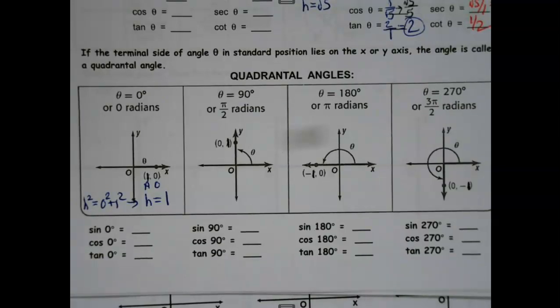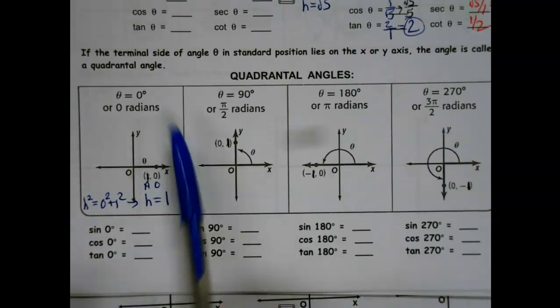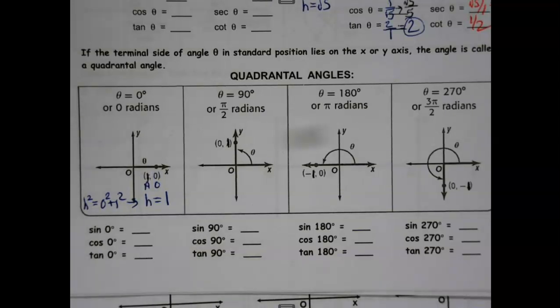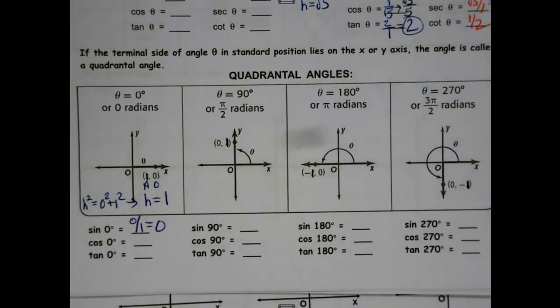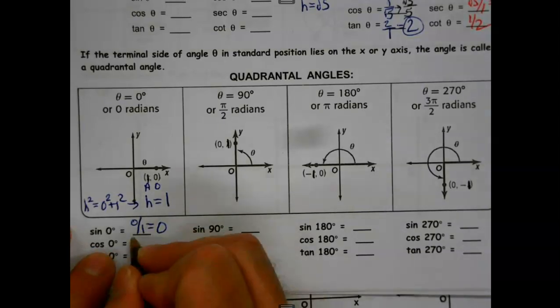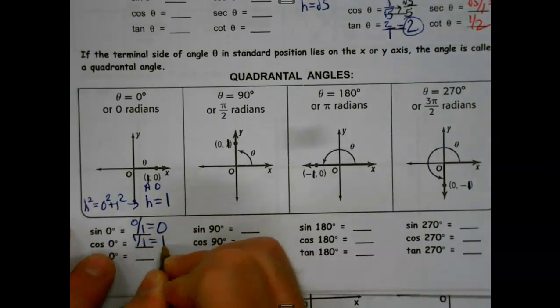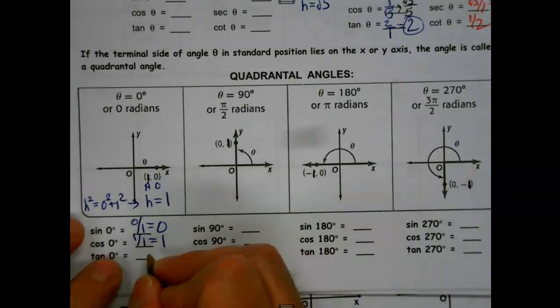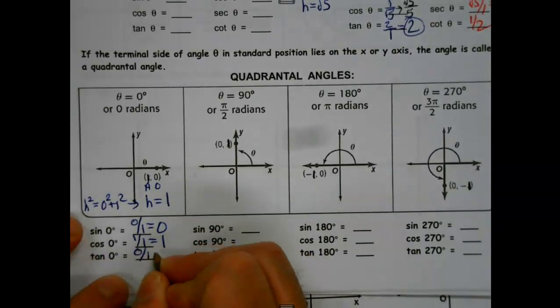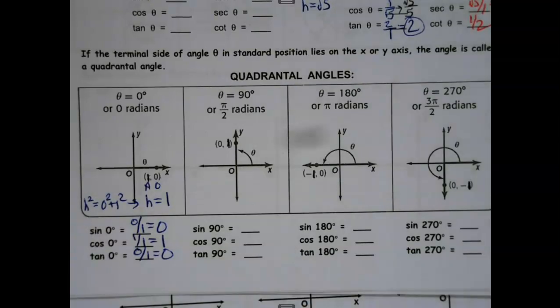So here now, at 0 degrees, because I didn't rotate at all, my sine is still opposite over hypotenuse. You're like, wait, it could be 0? Yeah. Cosine is adjacent over hypotenuse. And tangent is opposite over adjacent.